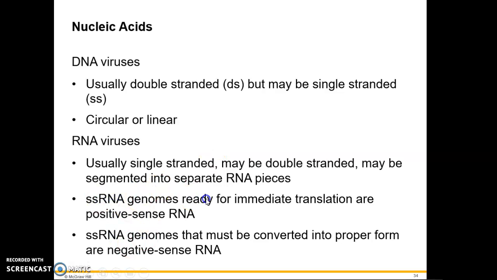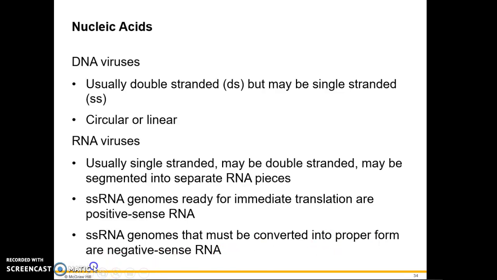Single-stranded RNA genomes that are ready for translation into proteins are called positive sense RNA.